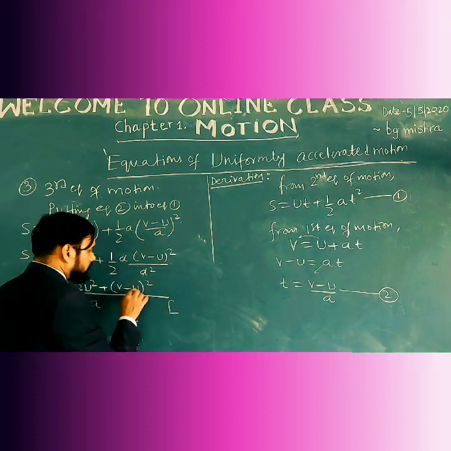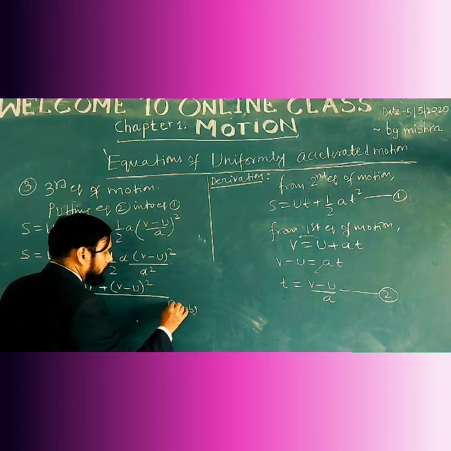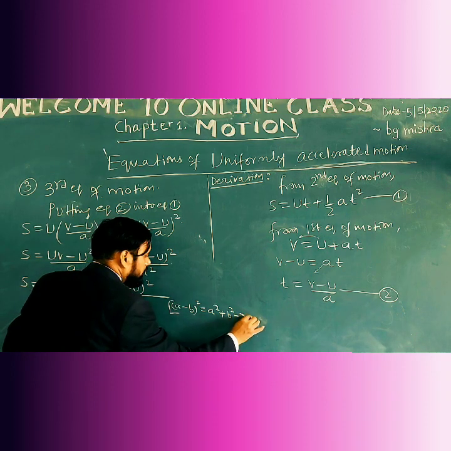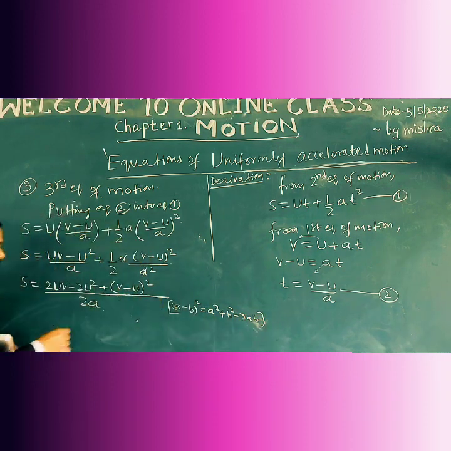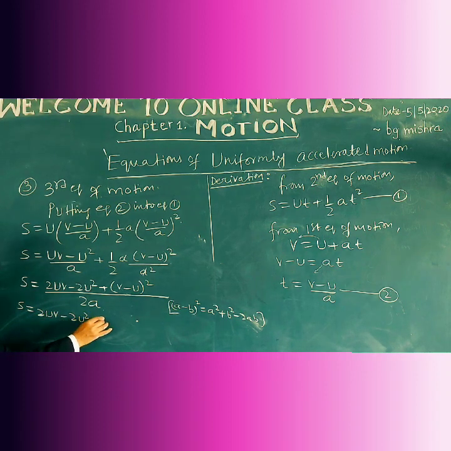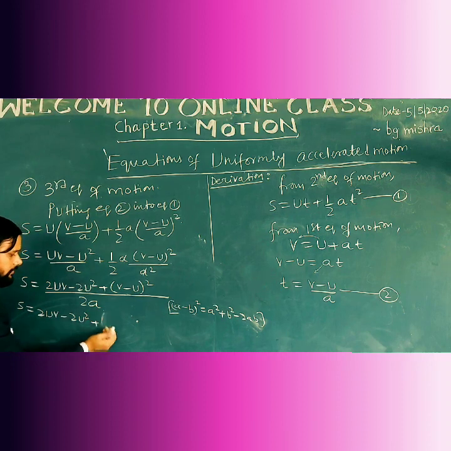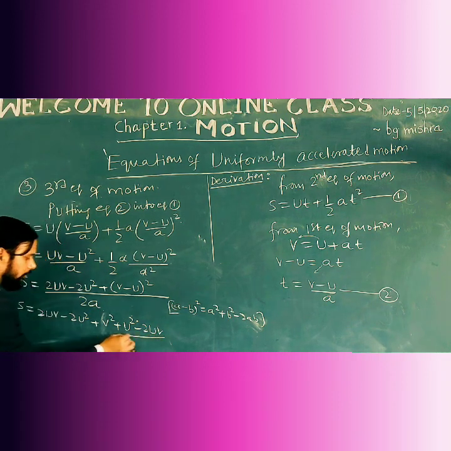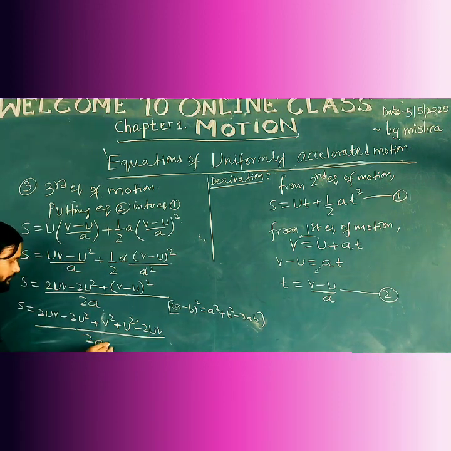So V minus U whole square, that means a minus b whole square, that is a square plus b square minus 2ab. So we will write S equals 2UV minus 2U square plus V square plus U square minus 2UV upon 2A.